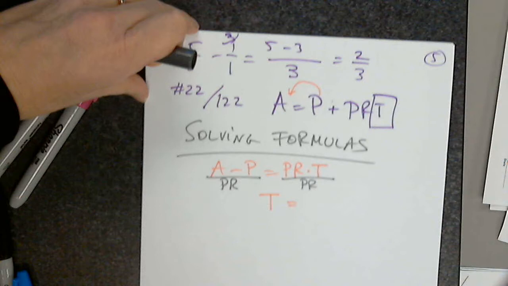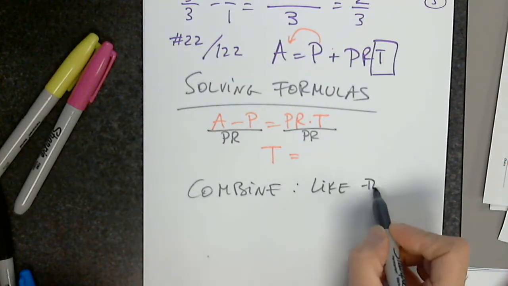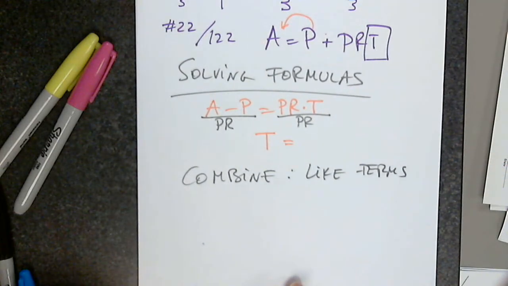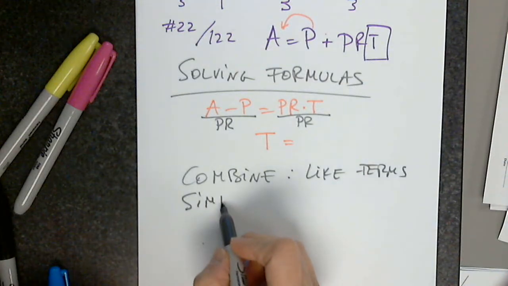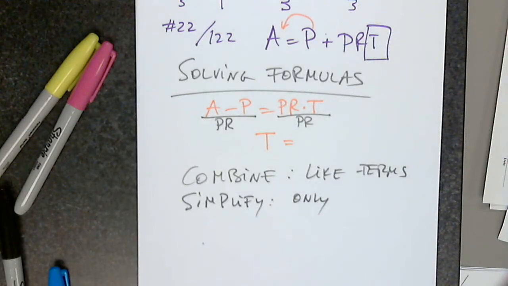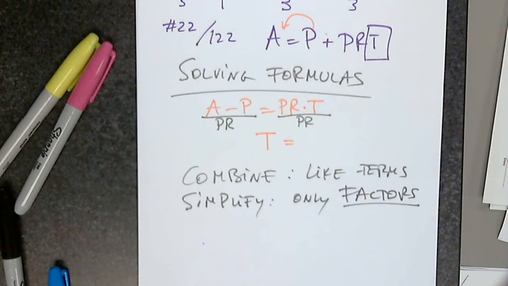So combine like terms. Yes, I can combine like terms. But I can simplify only factors. When I say factors, it means multiplication. If multiplication is combined with something else, those are not factors anymore.